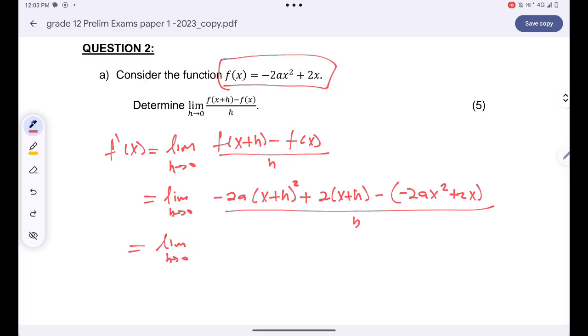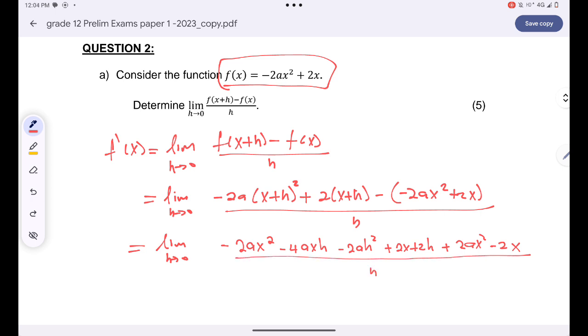All I have to do now is remove these brackets. I'll end up having negative 2ax squared minus 4axh minus 2ah squared plus 2x plus 2h, plus 2ax squared minus 2x, all over h.